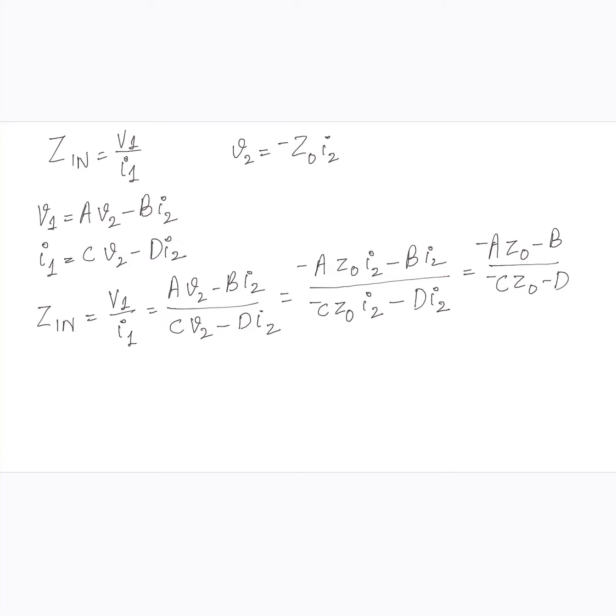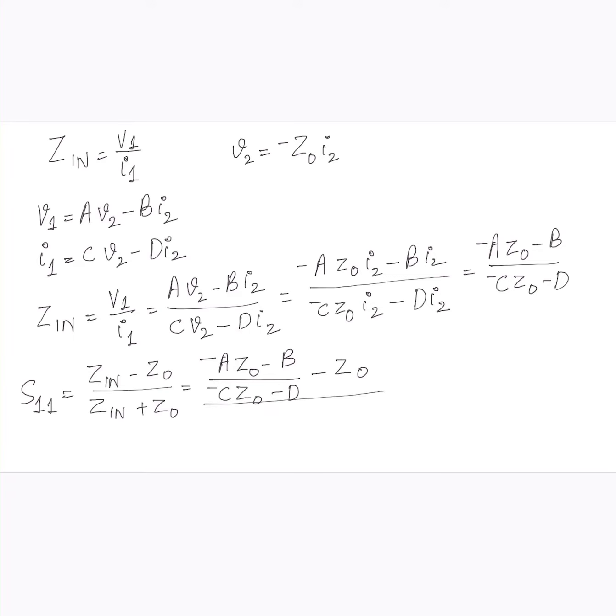Now the general equation for S11 is Zn minus Z0 divided by Zn plus Z0. Zn is given as minus A Z0 minus B divided by minus C Z0 minus D, minus Z0, divided by minus A Z0 minus B by minus C Z0 minus D, plus Z0.